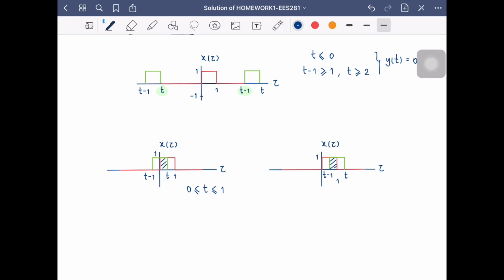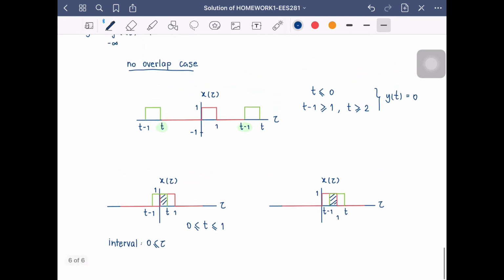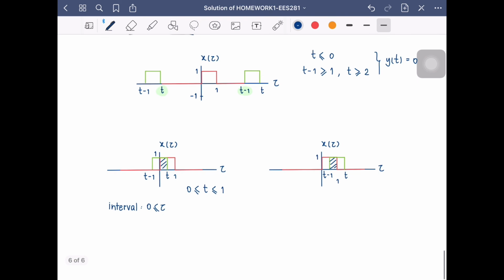The overlap part is in the interval of tau greater than or equal to 0 and less than or equal to t.